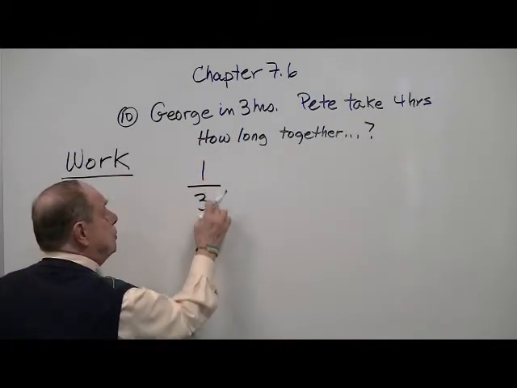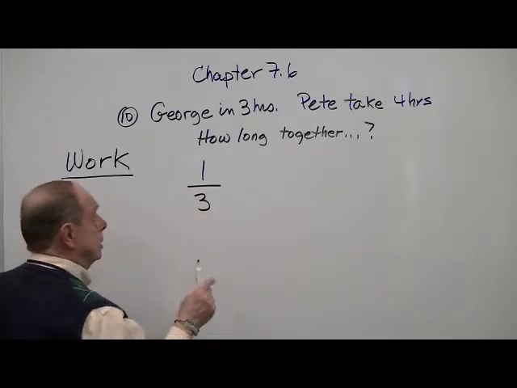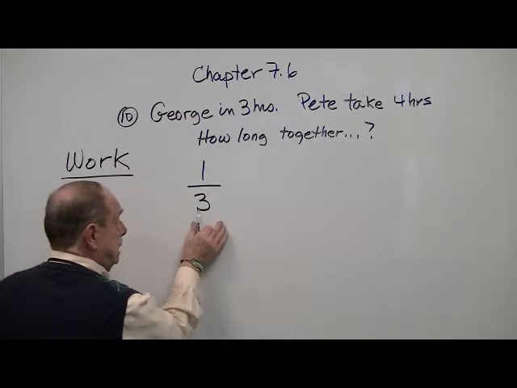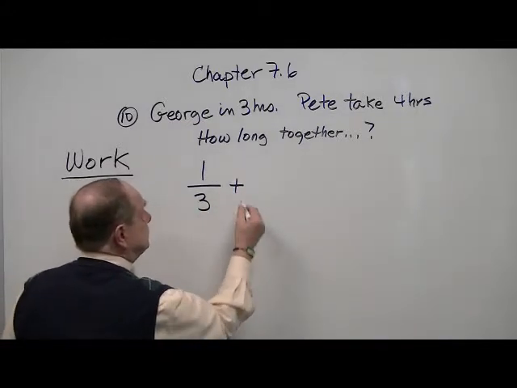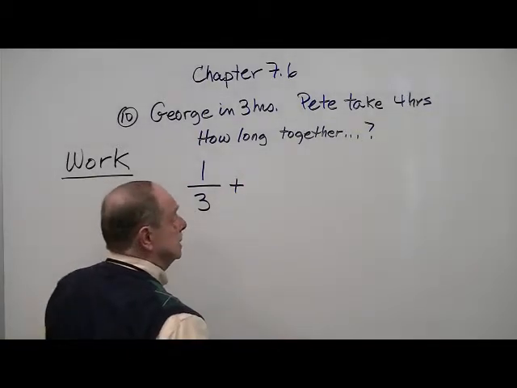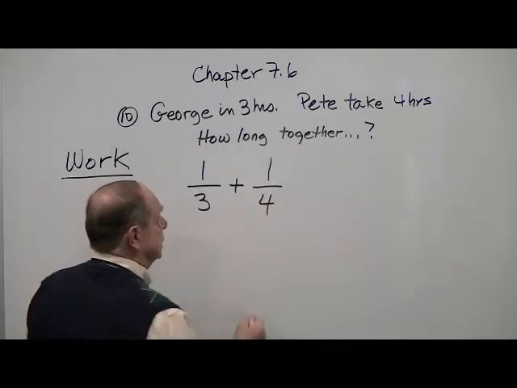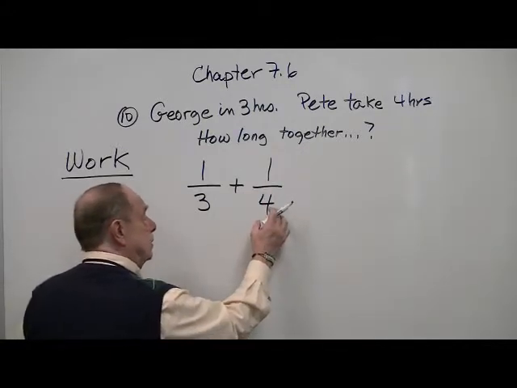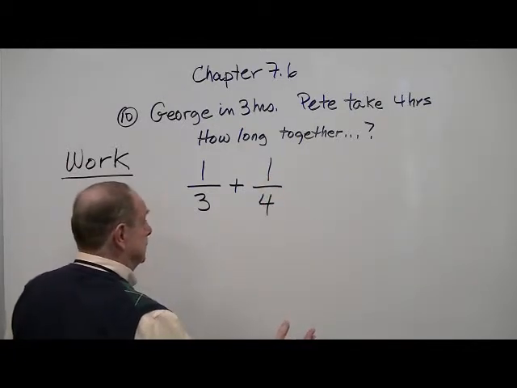He gets 1/3 of the job done in 1 hour. So that's his rate. Now Pete's rate, it takes 4 hours to get the job done, so his rate is 1 out of 4. So in 1 hour he gets 1/4 of the project done.